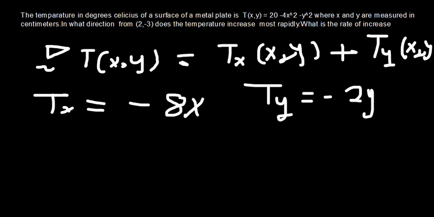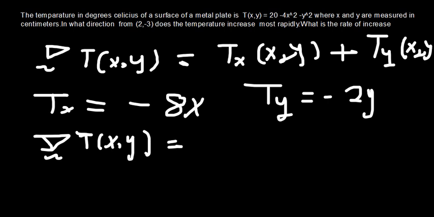So after we get this, we need to add them. So we say grad of the function T(x, y) is the same as negative 2x i plus negative 2y j.